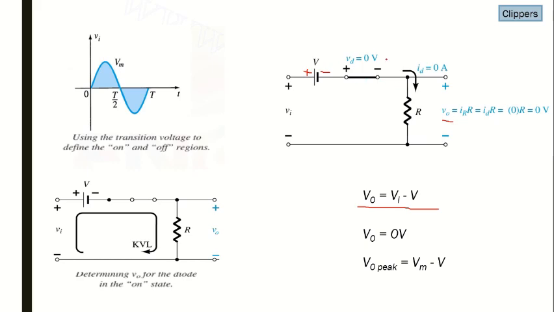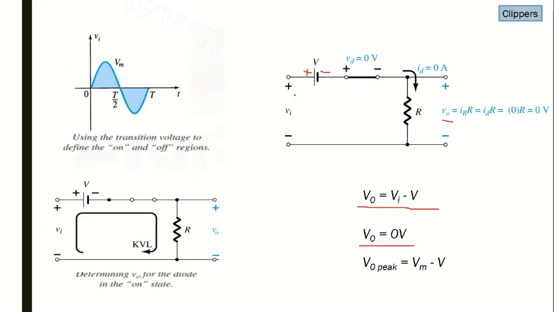In case of silicon, the drop will be 0.7 volt or 0.3 volts. So in this case, when the diode is ideal, we just applied the KVL here, so V naught is equal to 0 volt if they both are same.